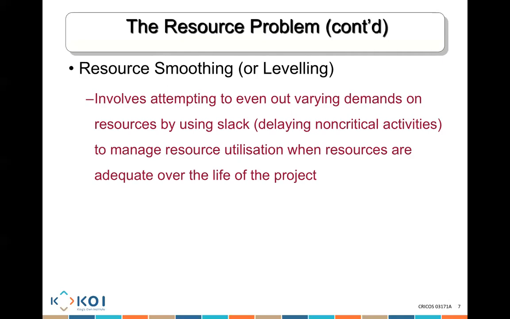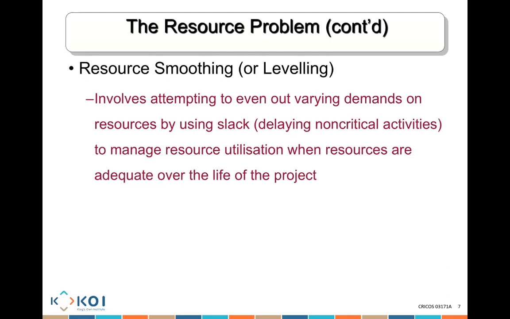In other words, if I have so much demand on resources in weeks 2 and 3, and little demand in weeks 4 and 5, what I might do is reduce demand in weeks 2 and 3, push that demand to weeks 4 and 5, and that means I'm using fewer resources in weeks 2 and 3 and more resources in weeks 4 and 5, in a way that I try to create a balance between the resources needed at any point of time.